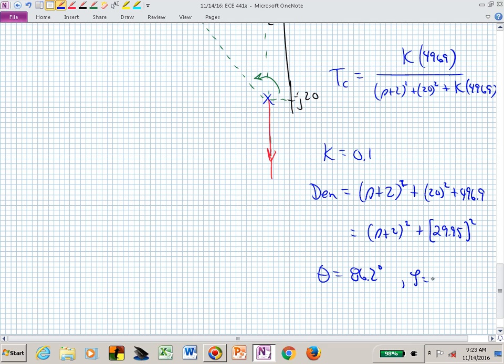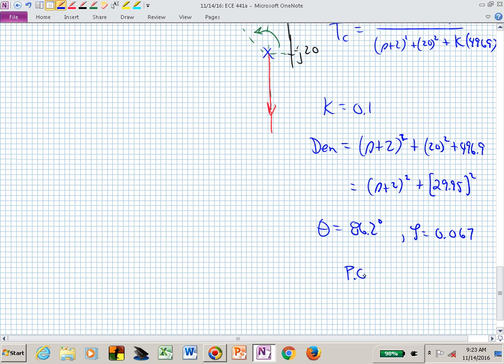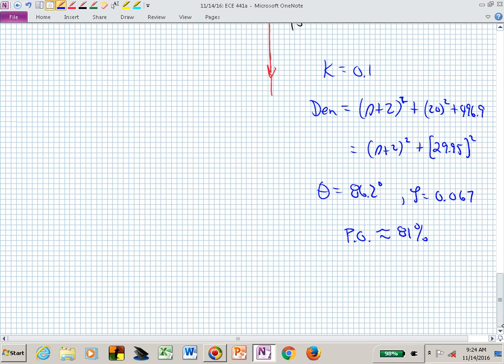Zeta now is 0.067, which is even further, and they didn't even plot that in figure 5.1 really. And now you have a percent overshoot of 81% versus 73%. So this isn't going to help us if we wanted to speed up our response.